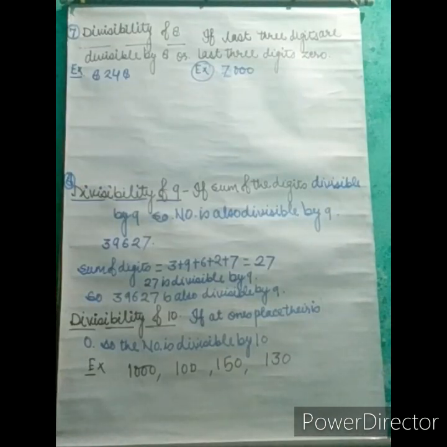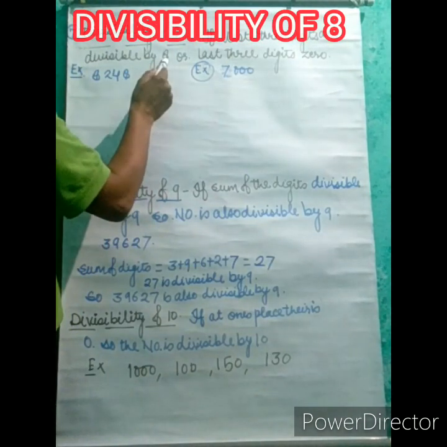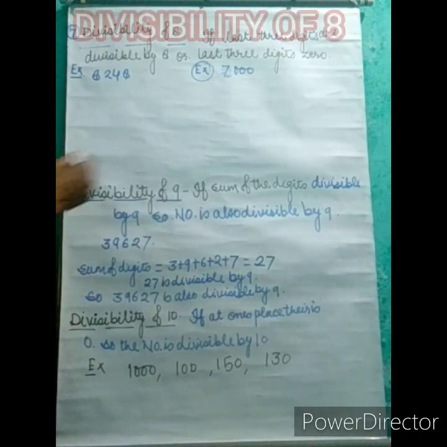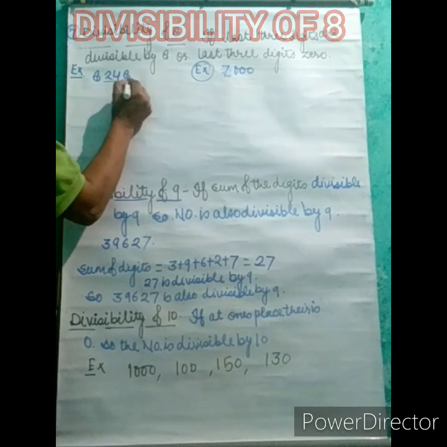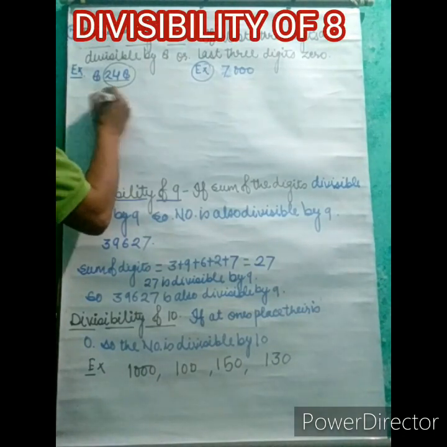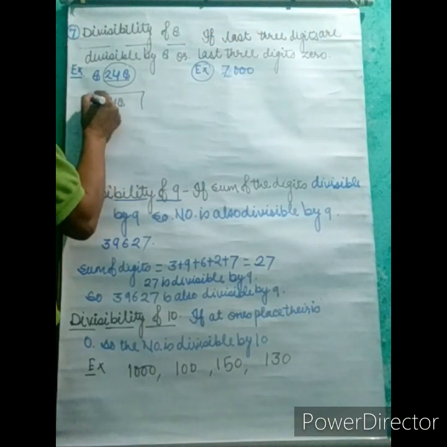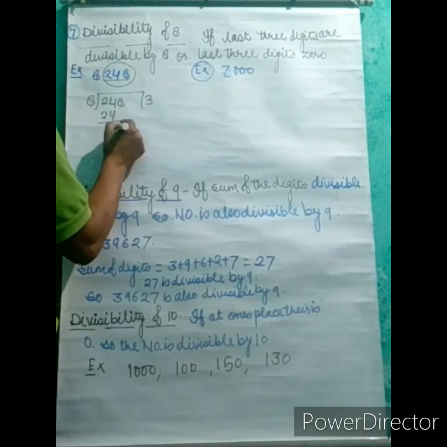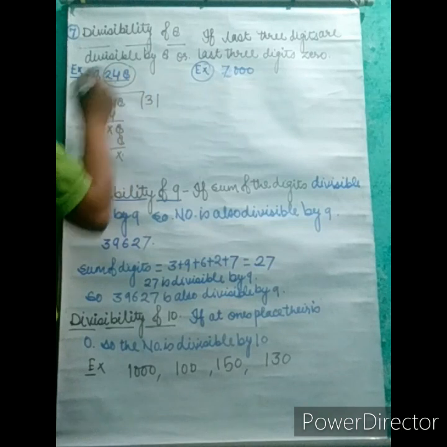Now see the divisibility of 8. If the last 3 digits are divisible by 8 or the last 3 digits are 0, then the number is divisible by 8. Now you can see we have a number; we will see whether the last three digits are divisible by 8 or not. 248 divided by 8: 8 threes are 24, 8 ones are 8. So the last three digits are divisible by 8.